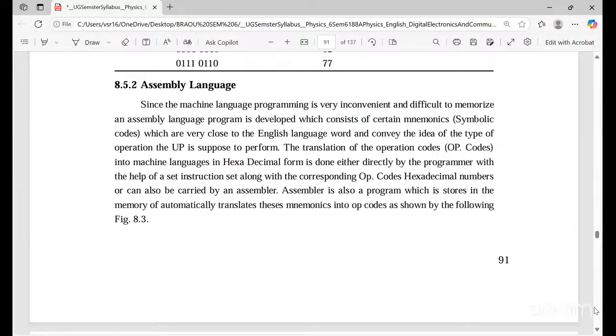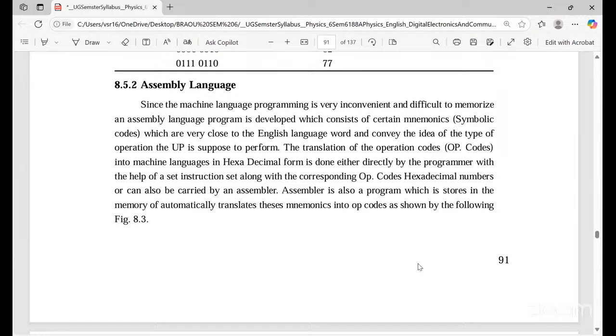They consist of certain mnemonics which are very close to English language words, and the operation of the microprocessor is performed by writing all these codes.